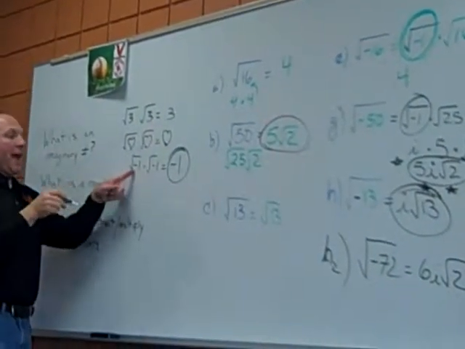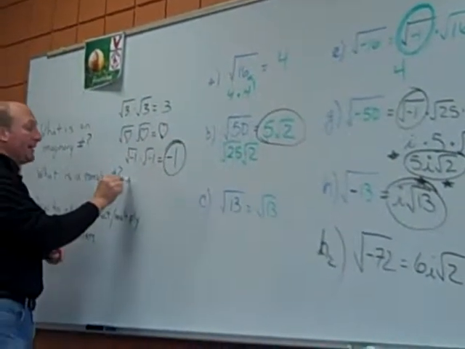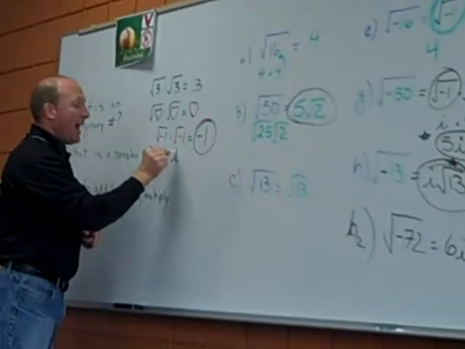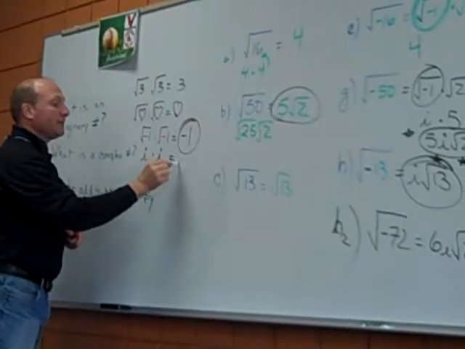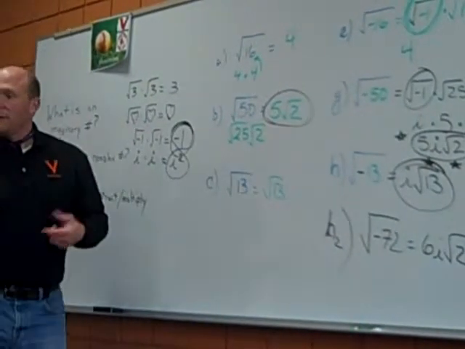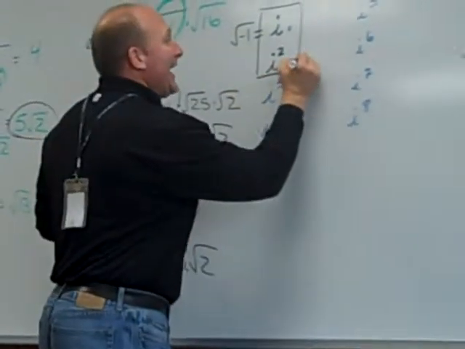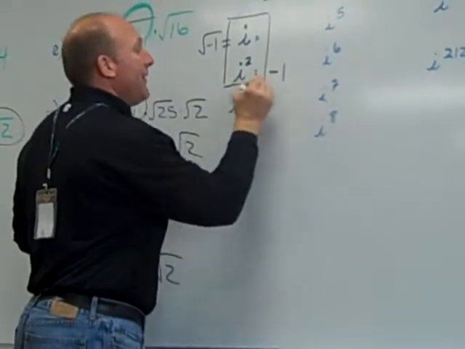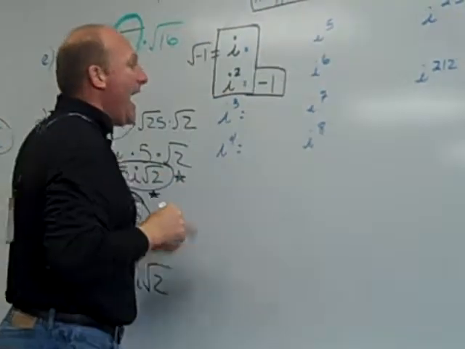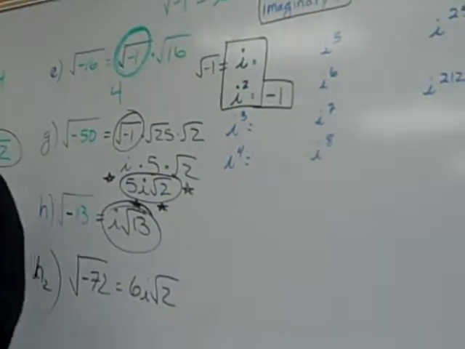Do you agree that the square root of negative 1 is I? What's I times I? I squared. So guess what I squared is equal to? Negative 1. I cannot stress this enough. Please know that I squared is negative 1.